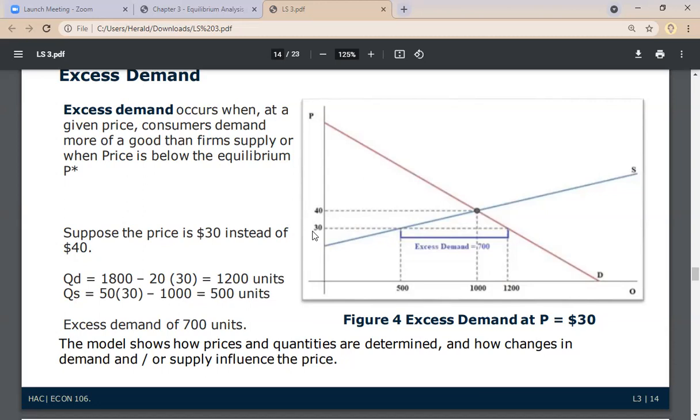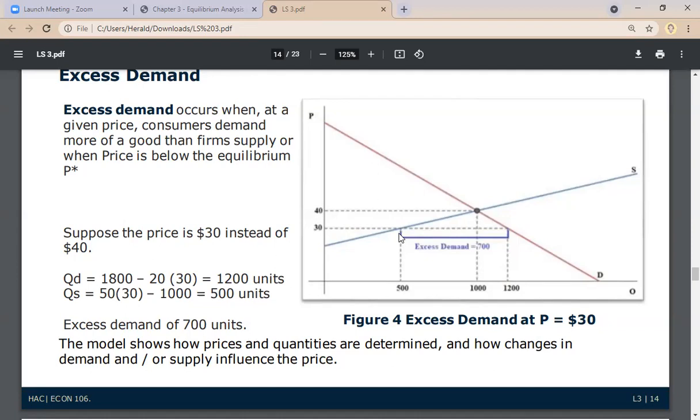So in that circumstance, it would create this shortage. In the graph, this is because at a low price, sellers are not that very happy.